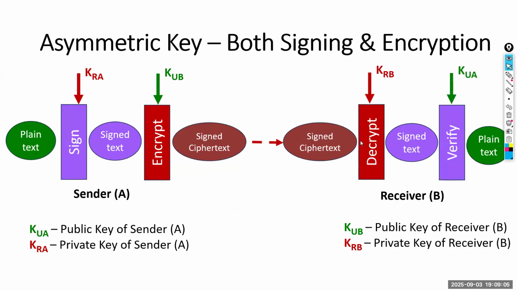So the receiver first decrypts it using his or her private key. Now it is in plain text. Now the receiver can verify using the public key of the sender. Public key of A, if you call sender A, receiver B. So you can't change the order, right? It's not encrypt and sign. It's sign and encrypt. Here, decrypt and verify.